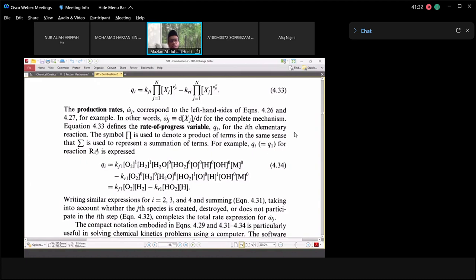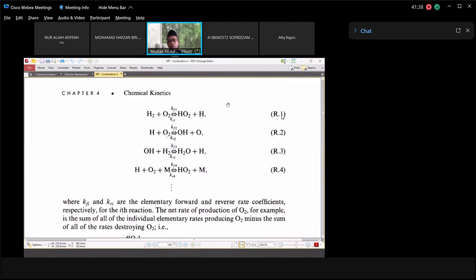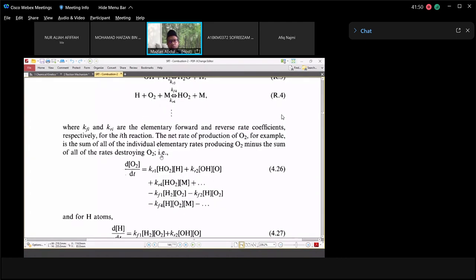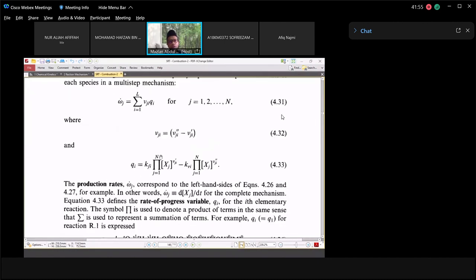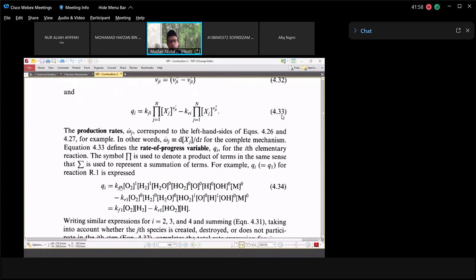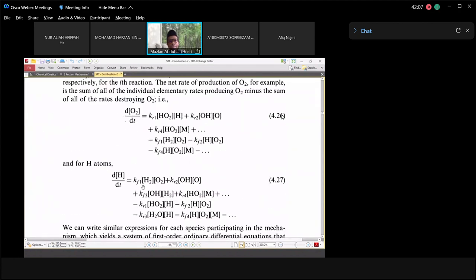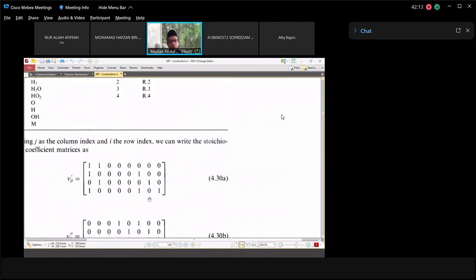For reaction number one, this reaction, H2 and O2 giving HO2 and H. For the first species, oxygen, we have oxygen and hydrogen as reactants, then HO2 and H.